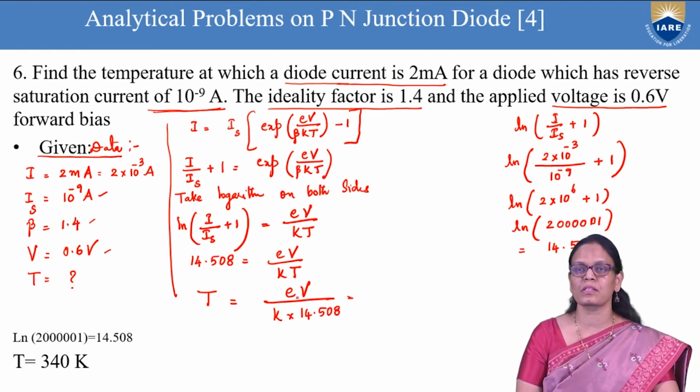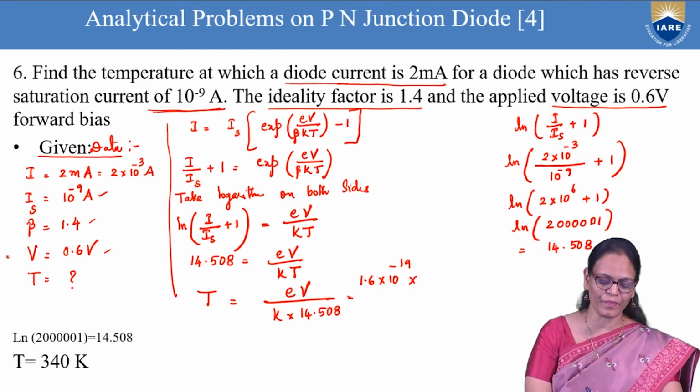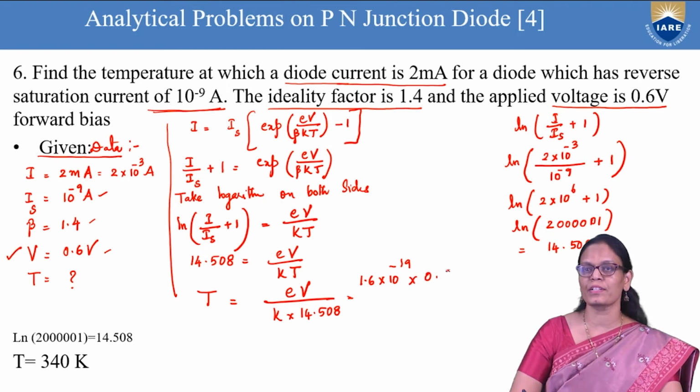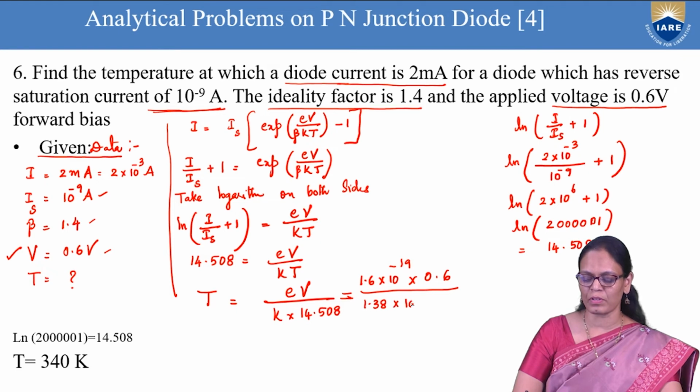So let us substitute the other values. E is constant, 1.6 into 10 power minus 19. Voltage is given, 0.6. K is also a constant, 1.38 into 10 power minus 23. And the value of ln we got as 14.508.